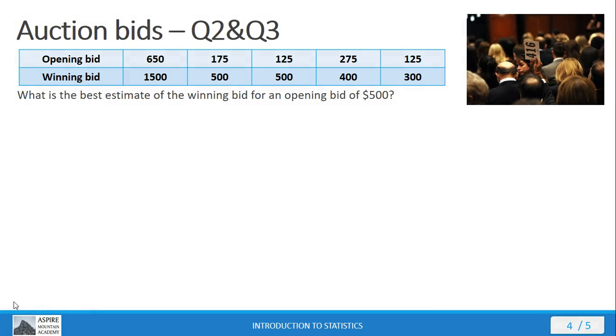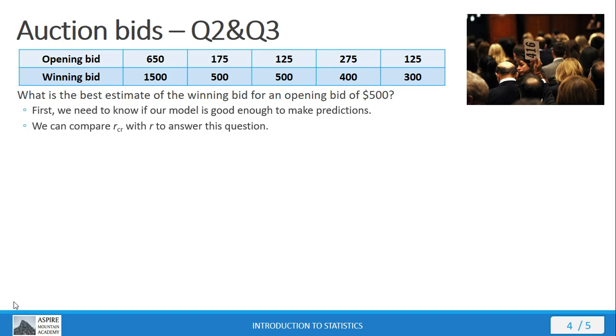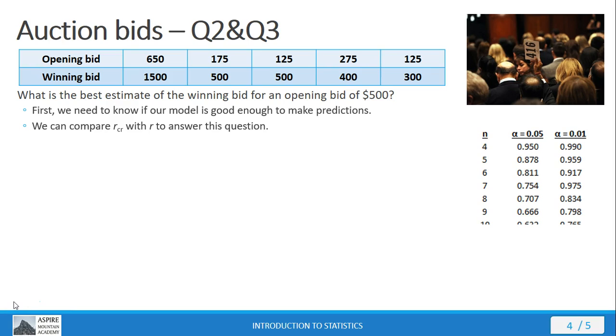Now, what is the best estimate of the winning bid for an opening bid of $500? Well, to do that, we can use our regression equation. First, we need to know if our model is good enough to use to make predictions. So let's compare with our critical R value to answer that question. Here's our critical R value table, or rather a snippet from it.